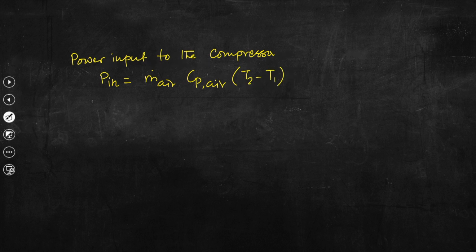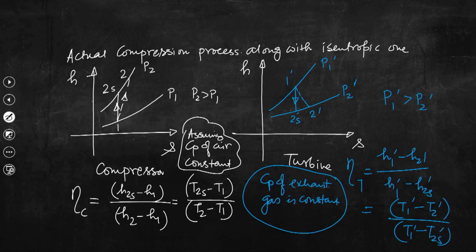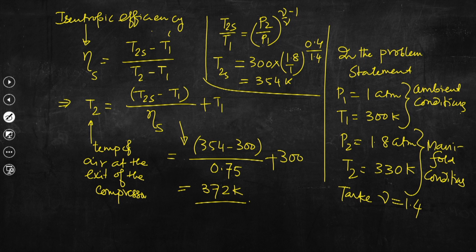If we go to the previous slide, we can see that actual compression is from 1 to 2, and these two conditions are the manifold conditions that we have mentioned over here.